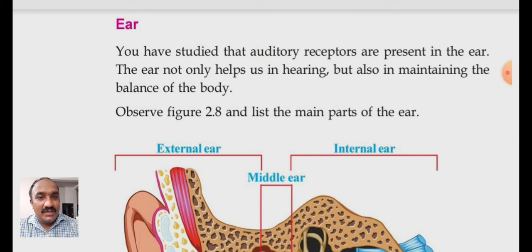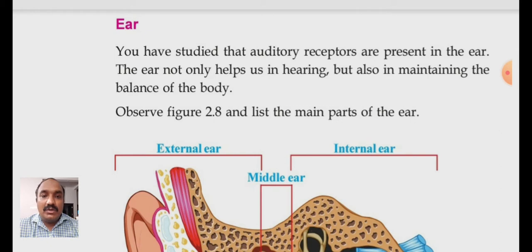We were moving with our second chapter, the main part of the second chapter that was completed with the last class. It was about the eye. Today we are going to study another part, the ear.